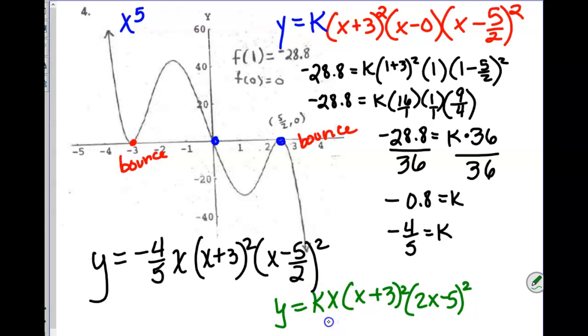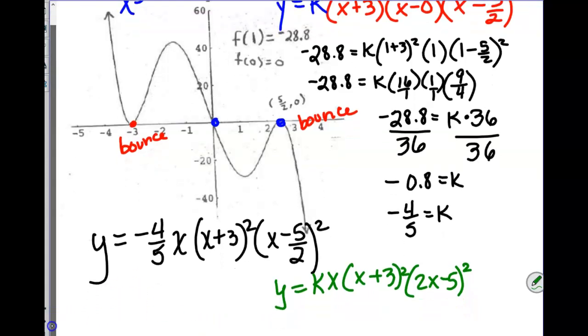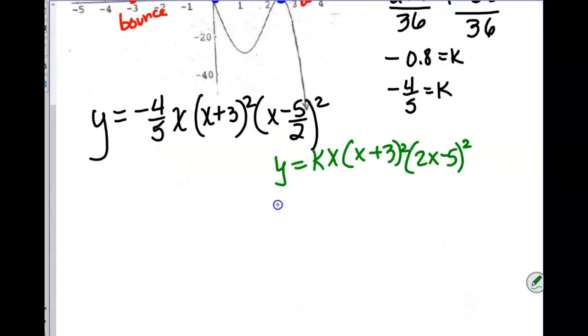What's going to change? The K value is going to change because you have now a 2 inside of that one. If we put in 1 and negative 28.8, is that what it was, guys? 1 plus 3 would be 4.